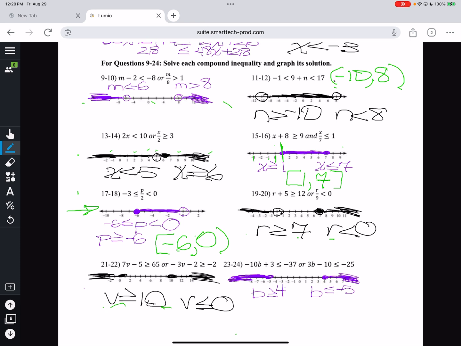And you write it like you see it on the number line. So we would have a parenthesis, negative infinity, comma, -6, and a parenthesis. Then we would have a parenthesis, 8, comma, positive infinity, parenthesis, with a U in the middle.